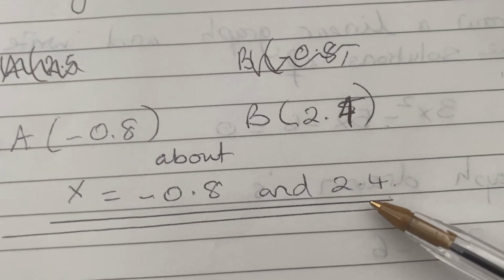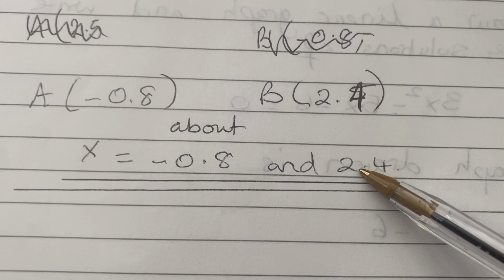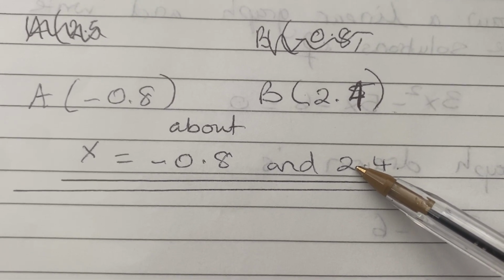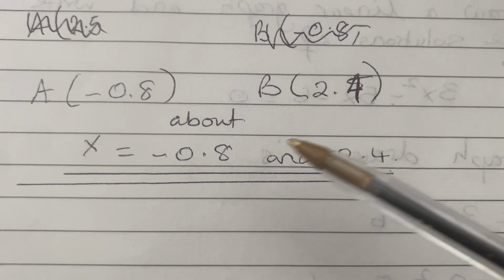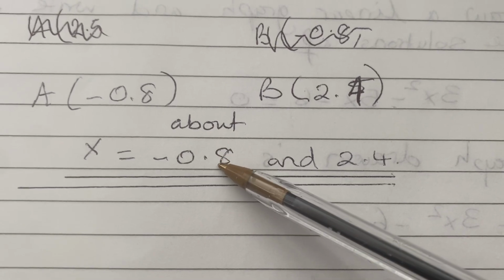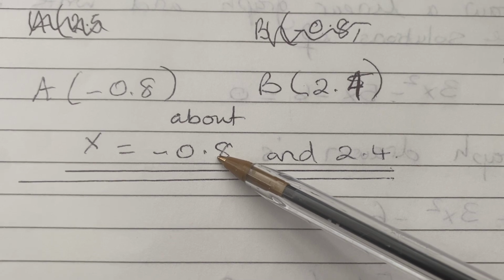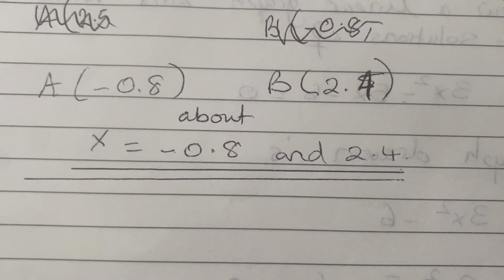If the answer is 2.4 and you get like 3, too far, or you get like 1.8, it's too far from the answer, so you might not get the mark. But if you have a margin of maybe 0.1 to around 0.5, they will give you the answer. They will mark it right.